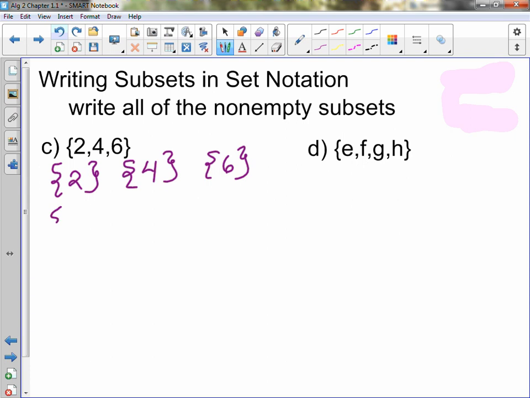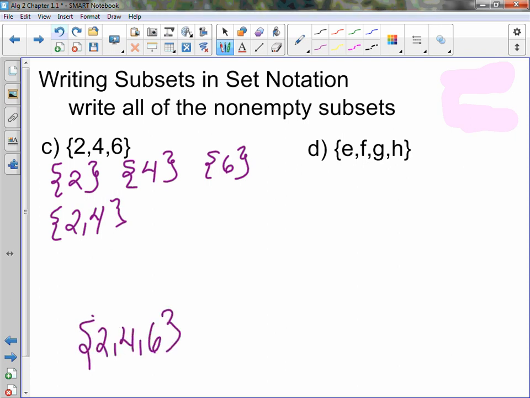Then what can we have? So we'll do 2, 4, 6, will be the last one we can do. But we can also have the set 2, 4, because it's still a subset, yes? What's another one? We can do 2, 6. 4, 6.